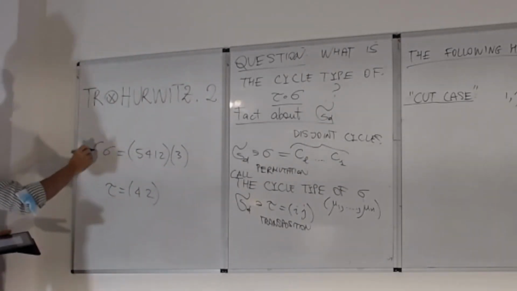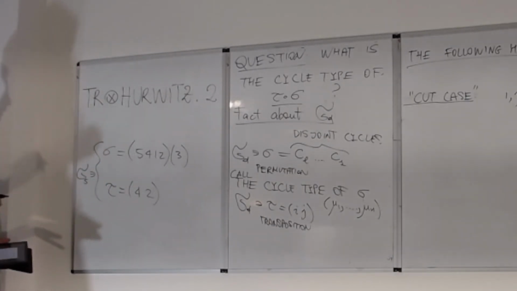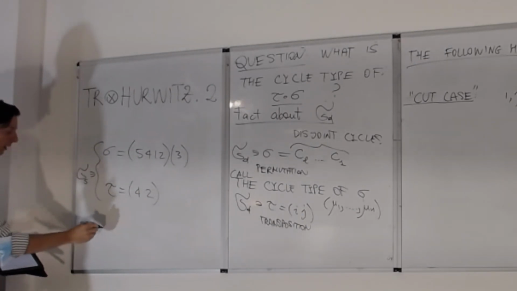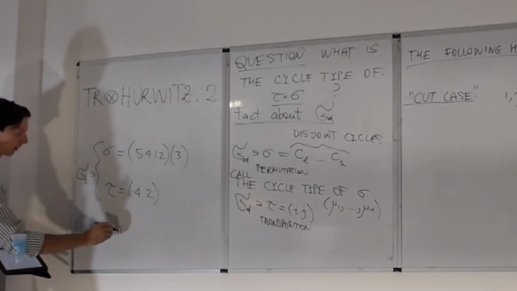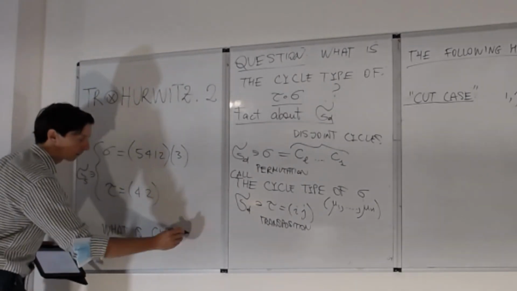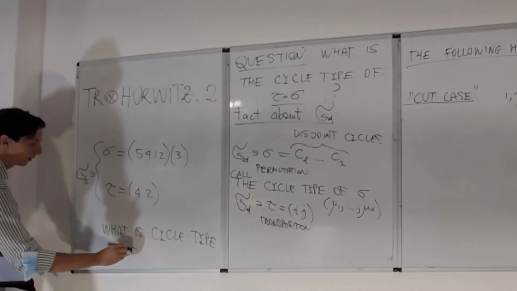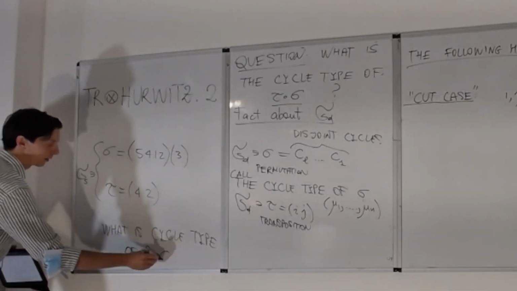This is a computation in S5. And now you ask yourself, what is the cycle type of tau composed with sigma?